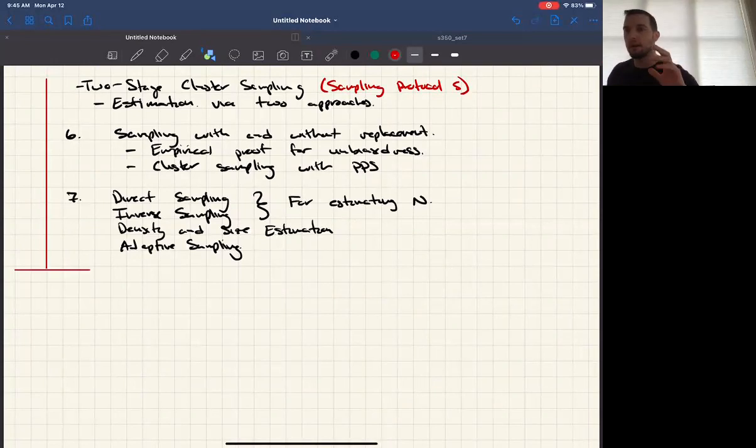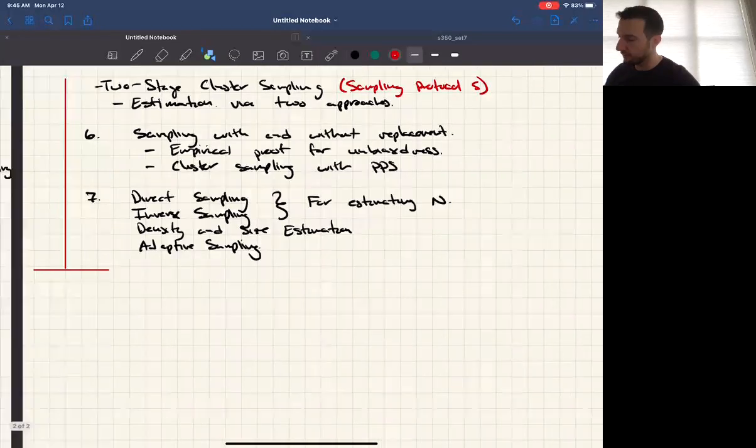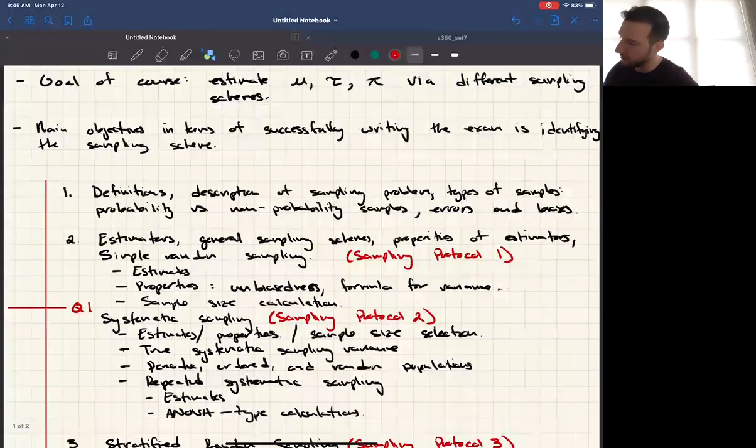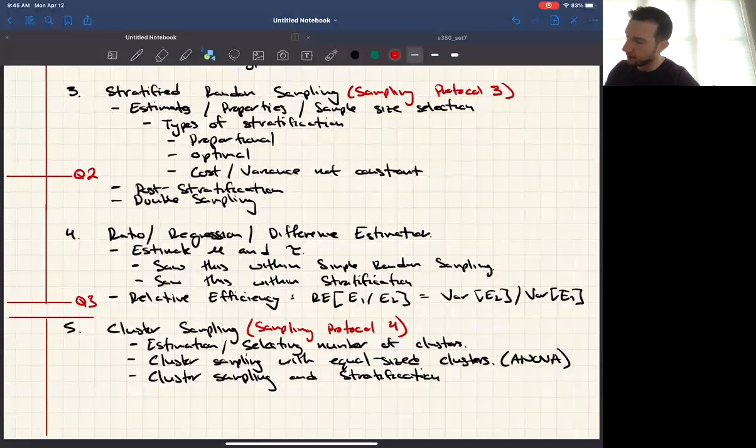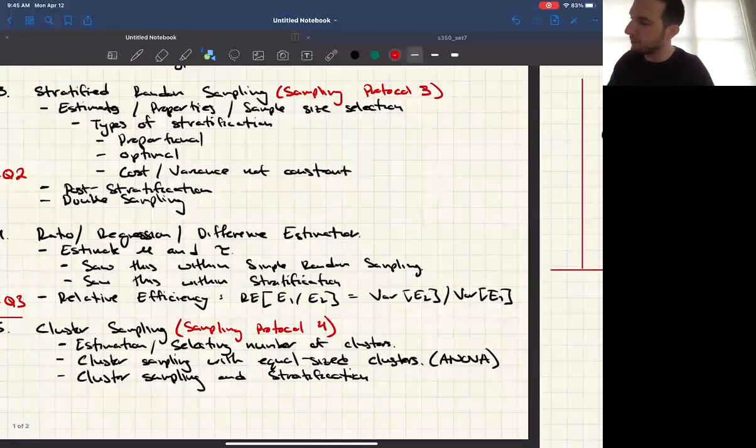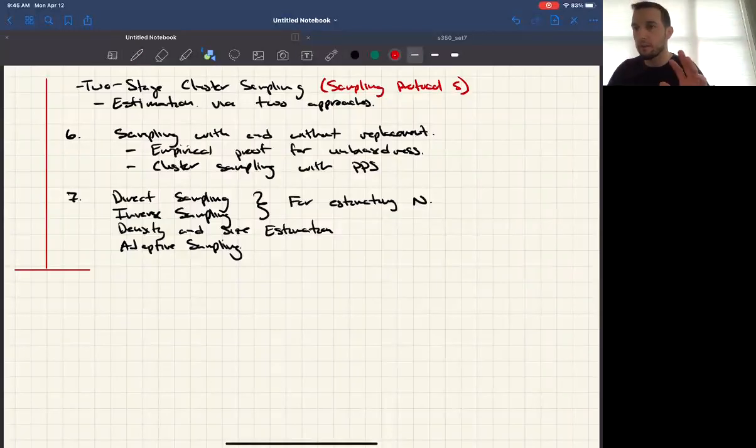Now we have seen assignment questions based off of lecture set 5. This material here, cluster sampling and the two-stage cluster sampling, was covered on assignment number 4. So the only things that you haven't been tested on directly are the stuff in lecture set number 6 and then those examples from lecture set number 7.